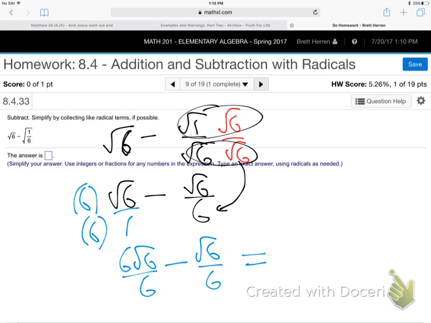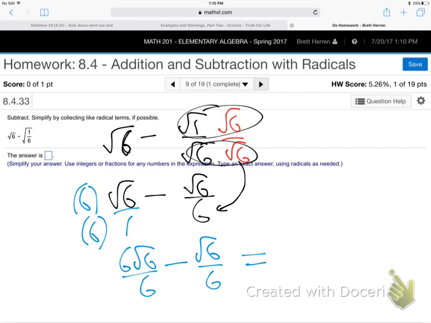Everybody see what's happening there? I multiply top and bottom by 6. Up here, to distinguish, I multiplied top and bottom by root 6. That was a root, so that's different. Over here I'm multiplying top and bottom by plain 6, not in a root, because I'm trying to make the denominators be the same, which they now are.